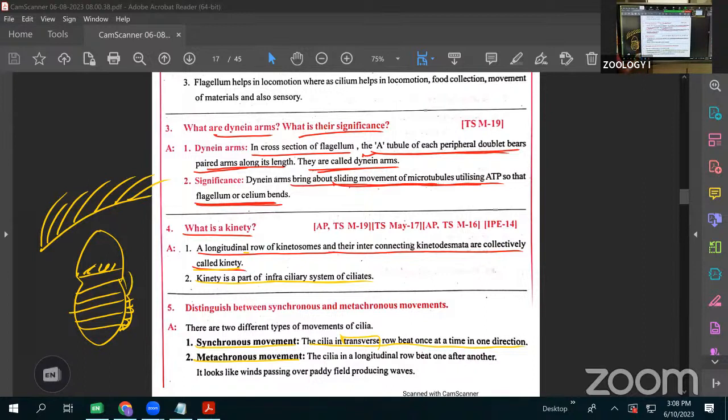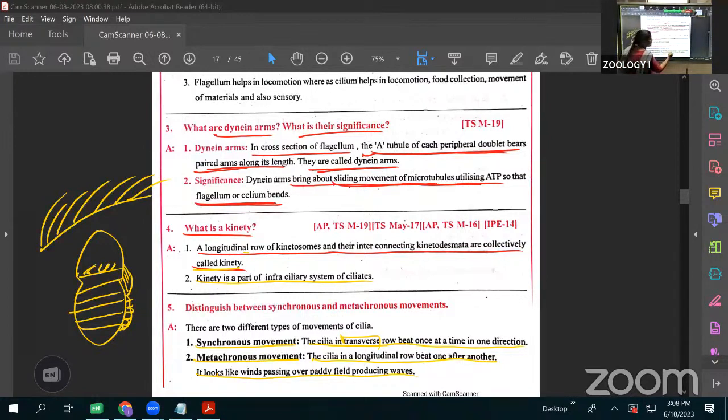The cilia in the longitudinal row beat one after another, like wind passing over a paddy field, where the grass moves like a wave. That appearance is what we call metachronous movement.